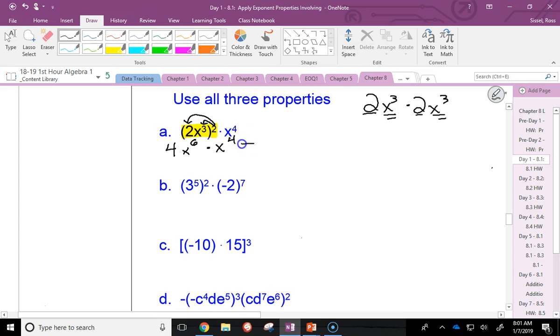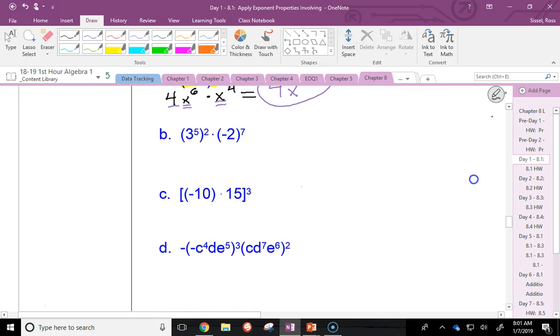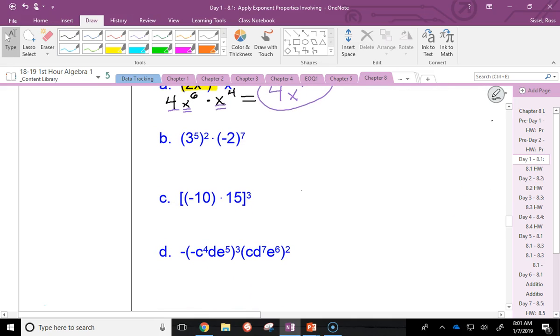So 4 still stays by itself. I have the same base, so the base stays the same, and you add your exponents. 6 plus 4 is 10. That is my answer. Go ahead and do B, C, and D is our difficult one.